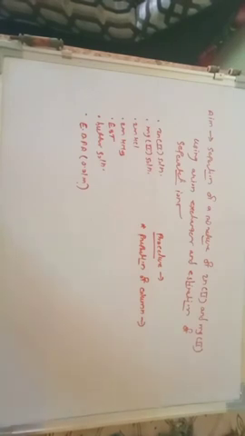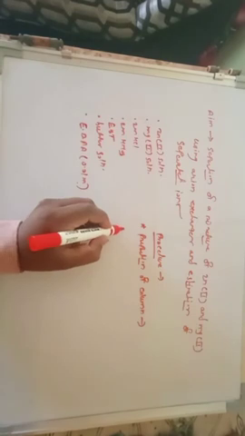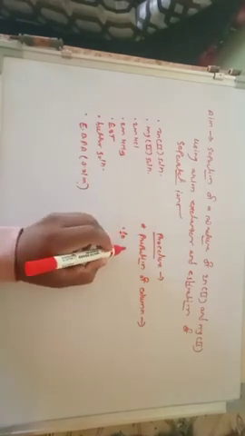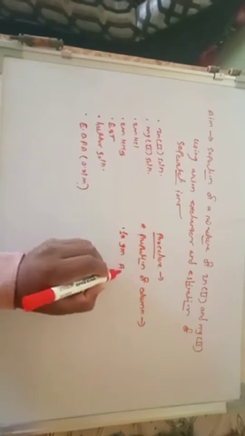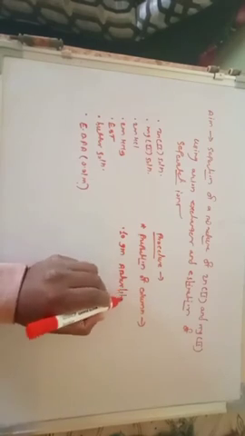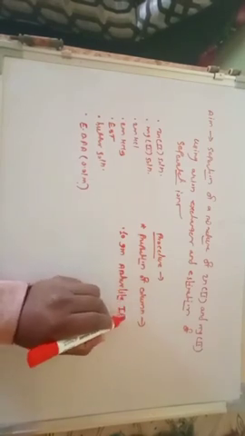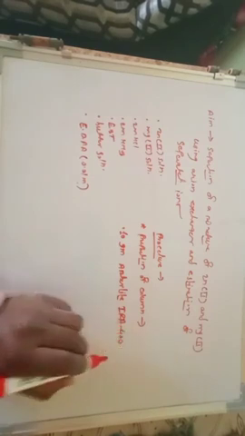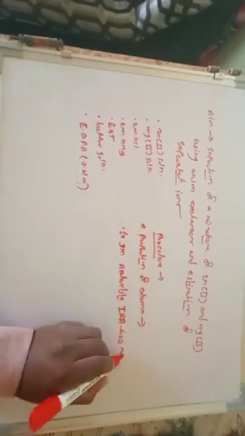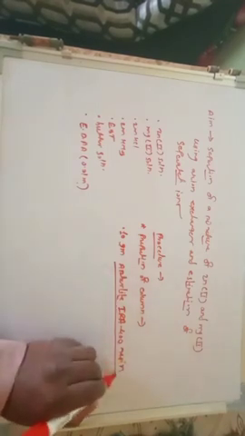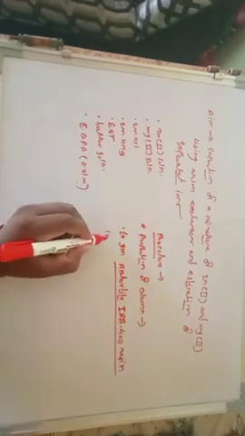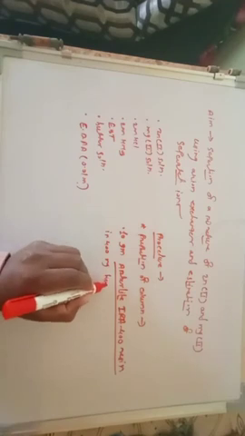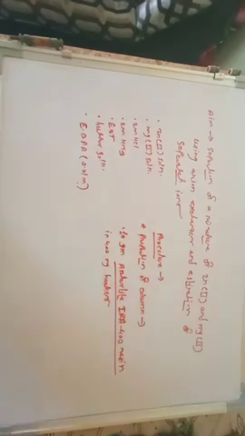For preparation of the column, the first point is you have to take 10 gram Amberlite IRA 400 resin. This is your anion exchanger resin. Take 10 gram Amberlite IRA 400 resin in a 400 ml beaker.